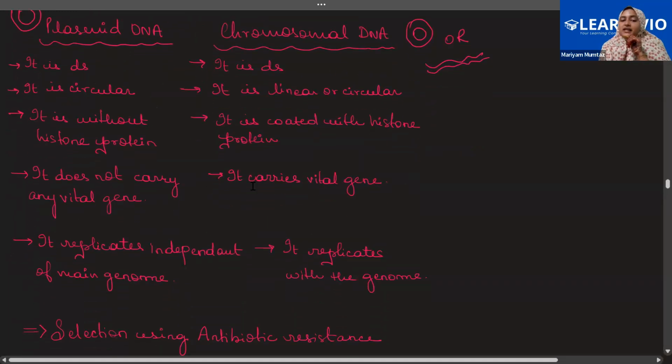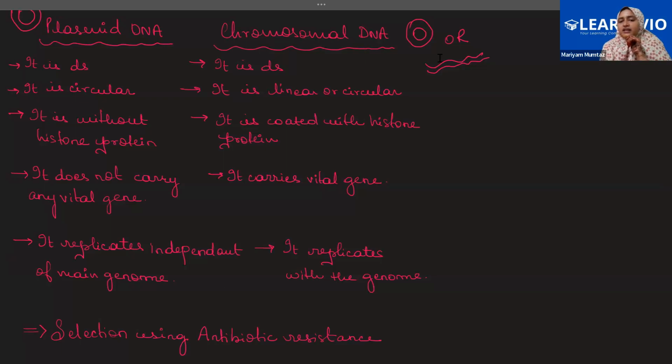Histone proteins are present in chromosomal DNA, helping in the packaging of the DNA. Now, the plasmid DNA does not carry any kind of vital gene, meaning it is not carrying the gene that is necessary for the organism to stay alive. But the chromosomal DNA carries the vital genes. And plasmid DNA, as you might remember, I said that they are autonomous, meaning they are self-replicated. They can replicate on their own without depending upon the main genome, meaning the chromosomal DNA.